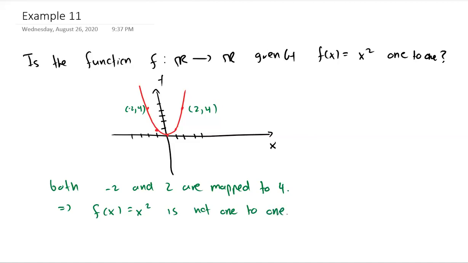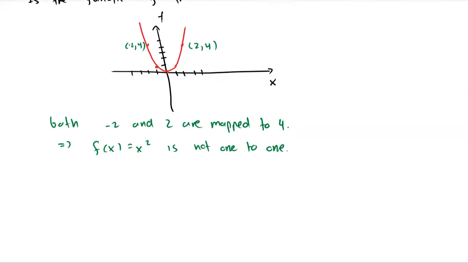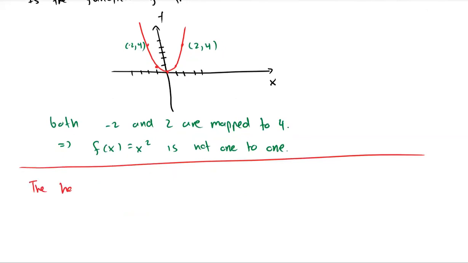How do you see this graphically? Well, you use something called the horizontal line test. It's very similar to the vertical line test. So horizontal line test. What does this say?